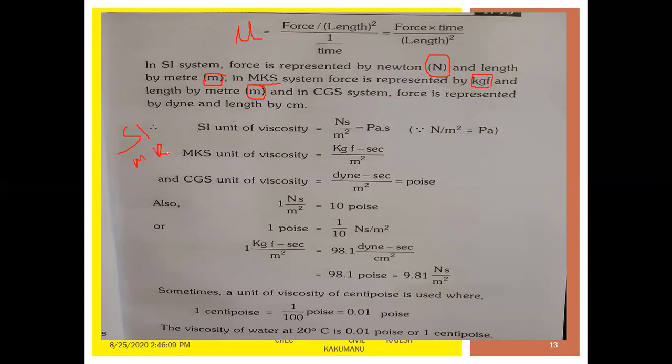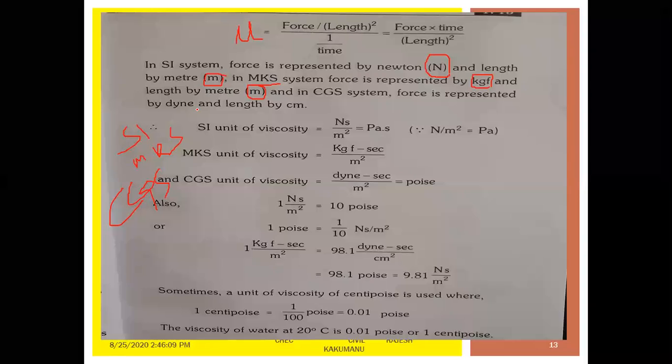MKS systems ఉన్నాయి and CGS system. So here in the SI system the Newton N, in MKS system the force is represented as kgf, whereas in the CGS system the force is represented by dyne. So ఈ వర్డ్స్ మీరు గుర్తుపెట్టుకోవాలి, dyne, and the length in the centimeter.